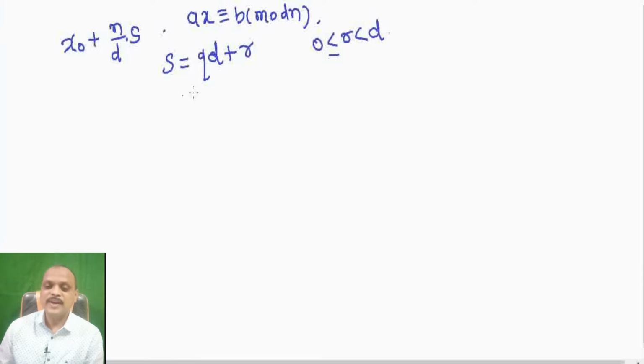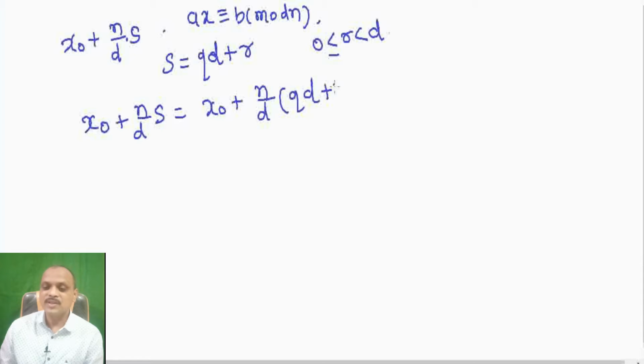Let us put this value here. What do we get? x0 plus (n divided by d) times s equals x0 plus (n divided by d) times (qd plus r), equal to x0 plus nq plus (n divided by d) times r, as the d's cancel.